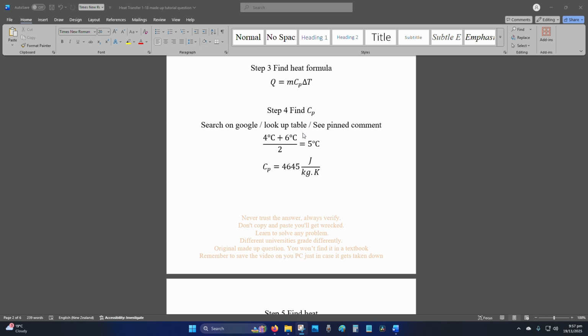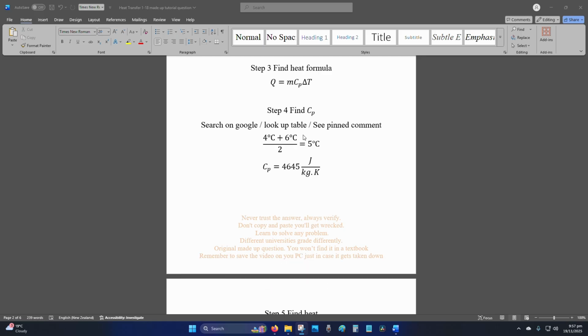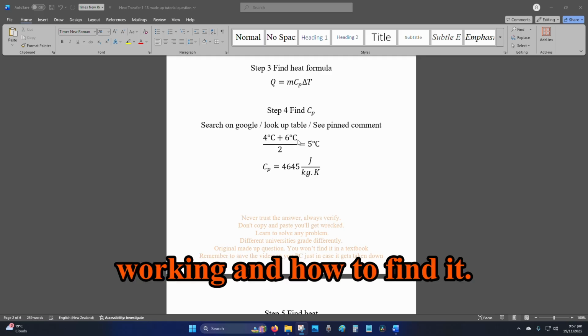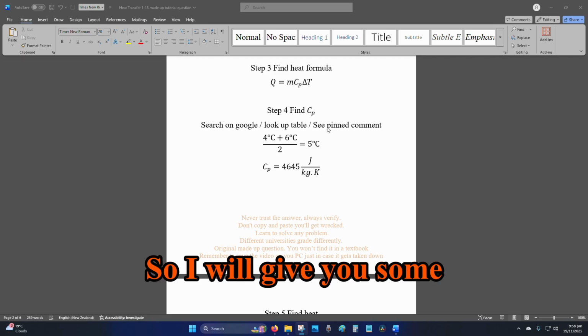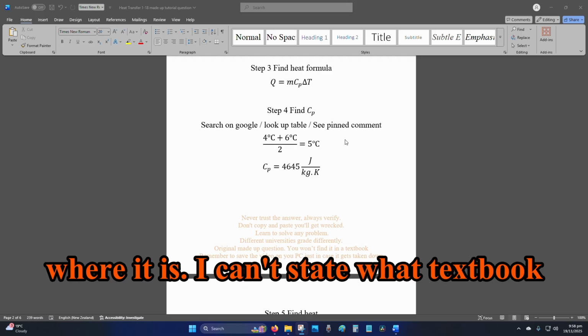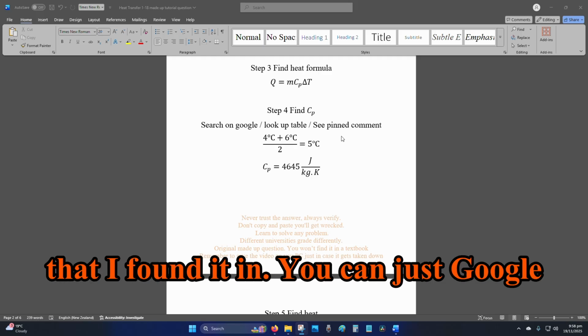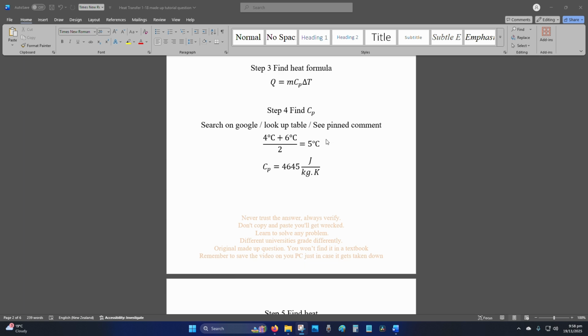I can't show you the table for copyright reasons. However, I can show you the working and how to find it, and it should be in the back of your textbook. I will give you some hints in the pinned comment on where it is. I can't state what textbook I found it in. You can just Google up your heat transfer textbook table.